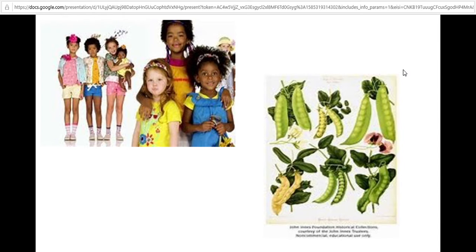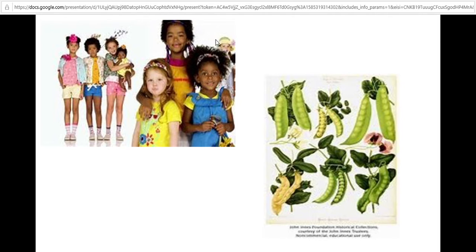For example, if you're looking at this picture right here, the United Colors of Benetton, we're looking at distinct traits that were genetically passed down, and the same traits are also inheritable to the next generations.